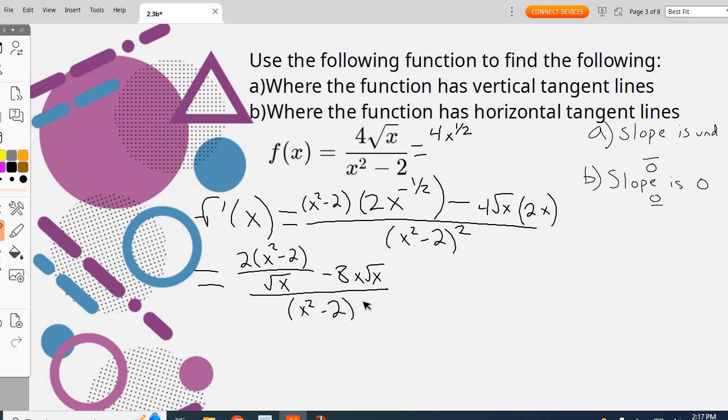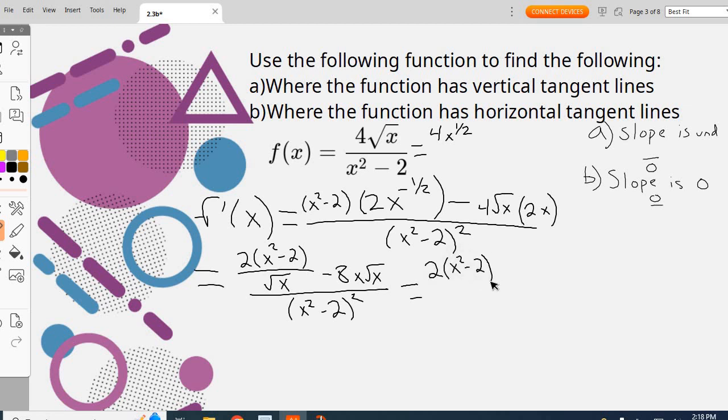And again, remember, we're trying to set our top and our bottom equal to 0. But what's our problem right now? How many bottoms do we have right now? We have 2, right? Because we have a fraction within a fraction. So again, we need to clean this up a little bit.